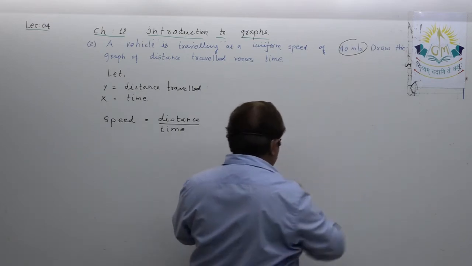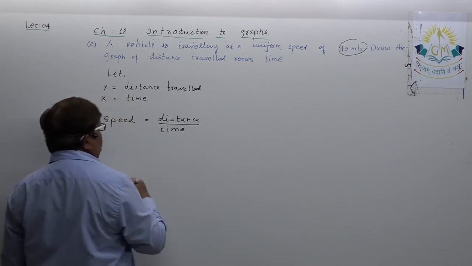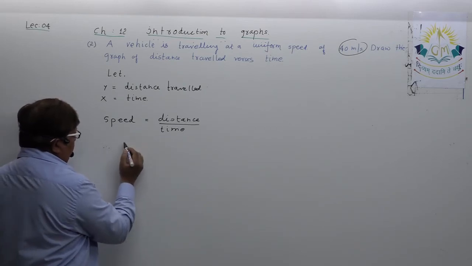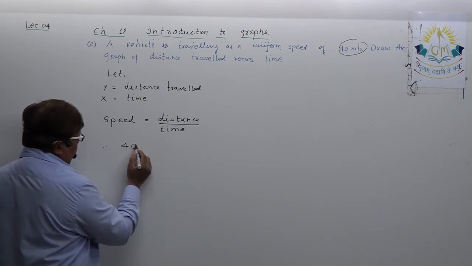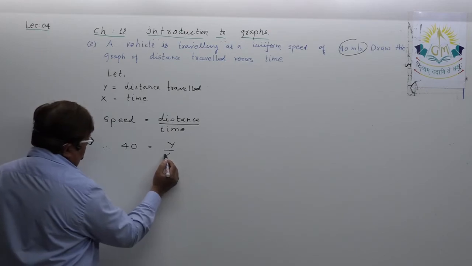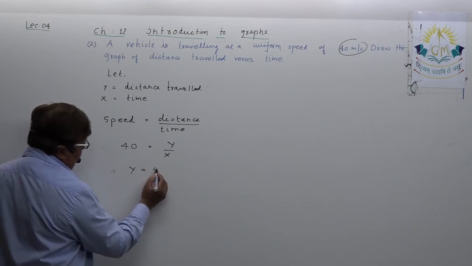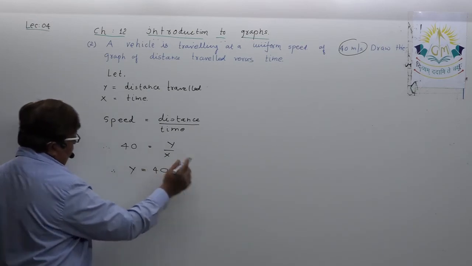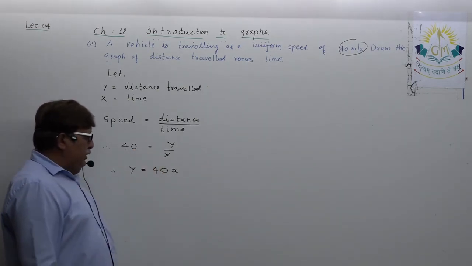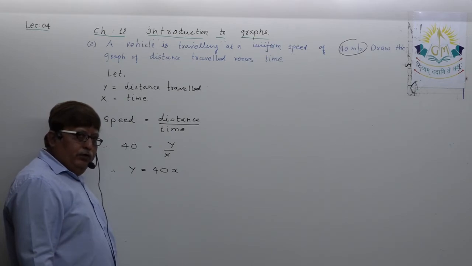Write 40 here. Speed equal to distance upon time. Let me write the value of speed, that is 40. Distance, that is supposed y. Time, that is x. Cross multiply. You got the equation y equal to 40x. Just a simple cross multiplication, and you got y equal to 40x.